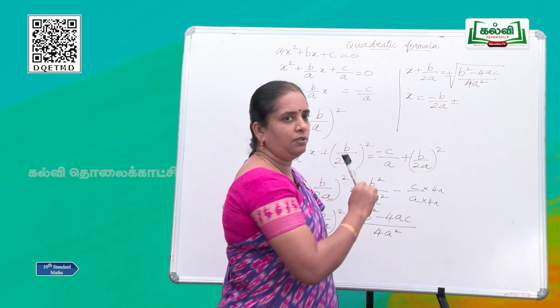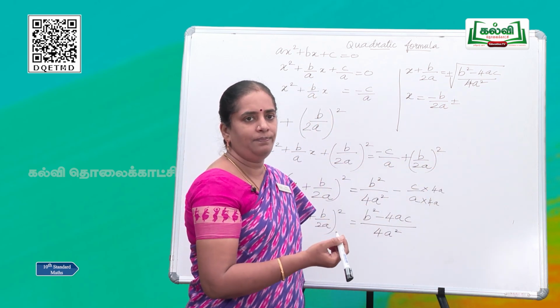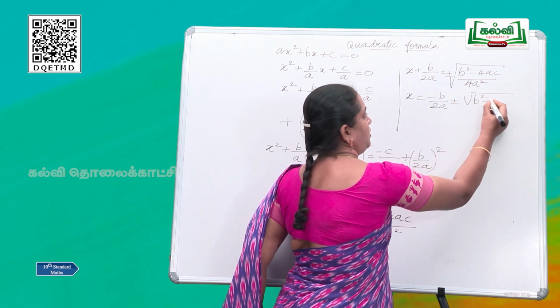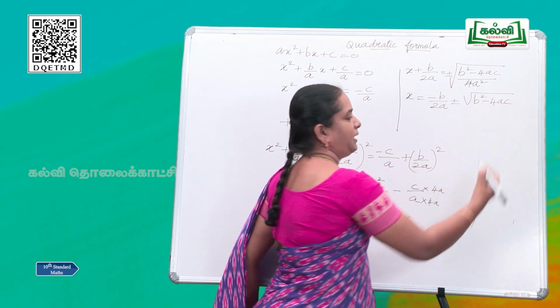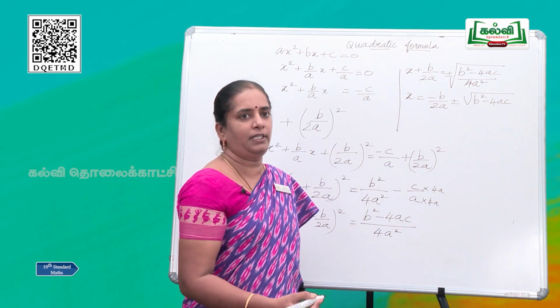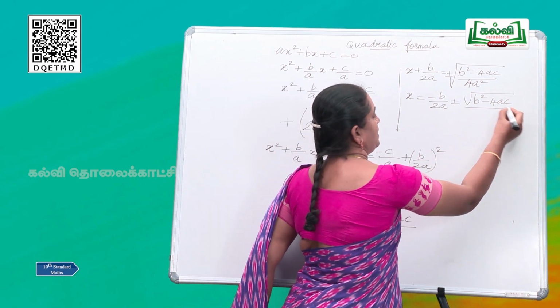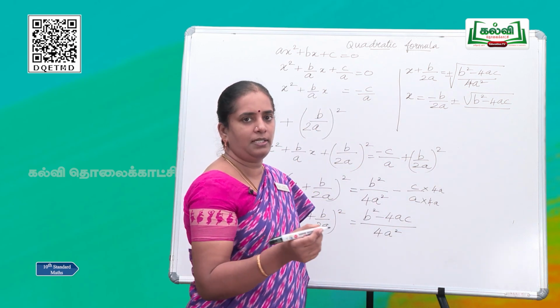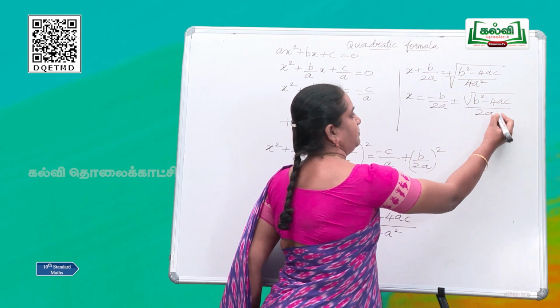Do you know the square root of b square minus 4ac? We do not know. So, just apply square root for b square minus 4ac, that is the numerator. Look at the denominator, it is a perfect square. Square root of 4a square is 2a.